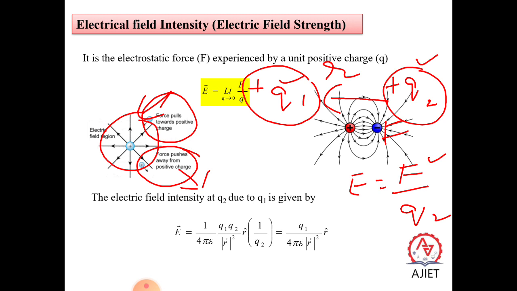Electric field is a characteristic of the system of charges and is independent of the test charge used to detect the field. From the knowledge of electric field E at any point, we can readily find the force experienced by the charge Q at the point, and F is equal to Q into E. Q is the test charge.